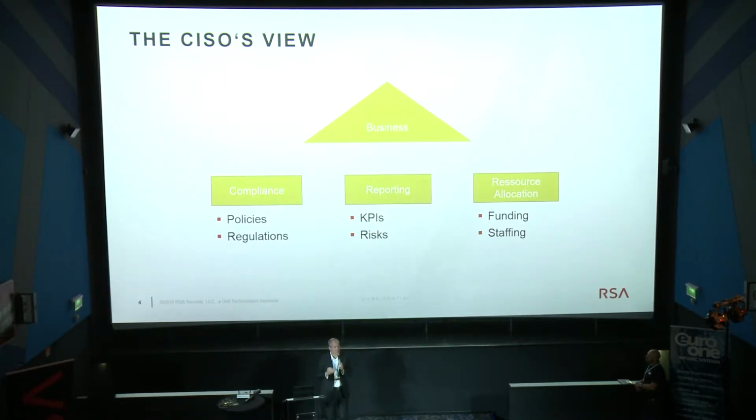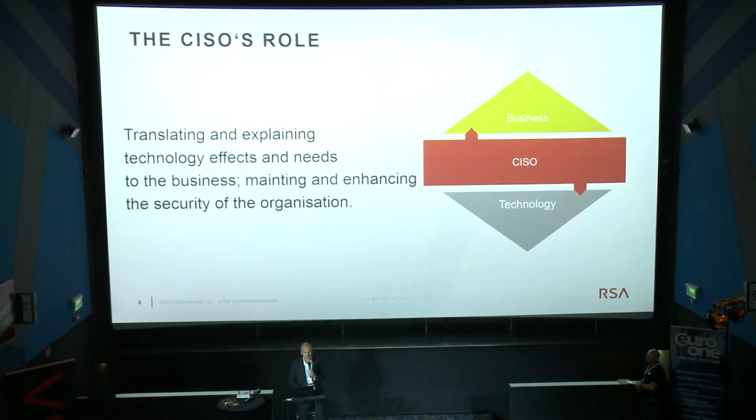business, so the business will finally understand what we are talking about, and therefore the CISO's role is somewhere, I sometimes call it a sandwich between the business and of course the technology. So he or she needs to translate certain things to the business so that the business will understand why we need this particular technology.